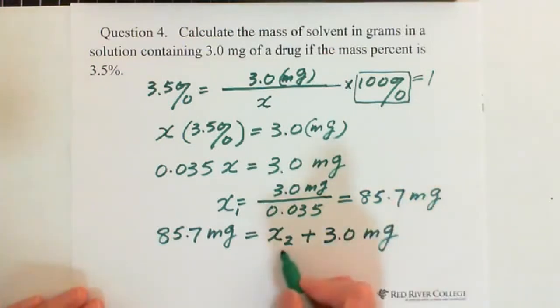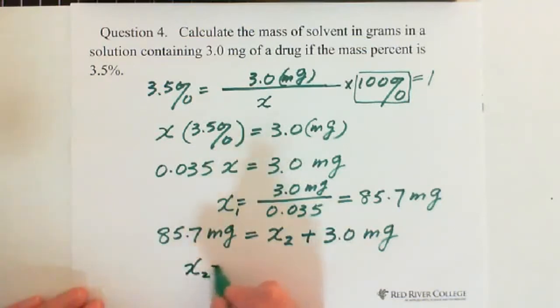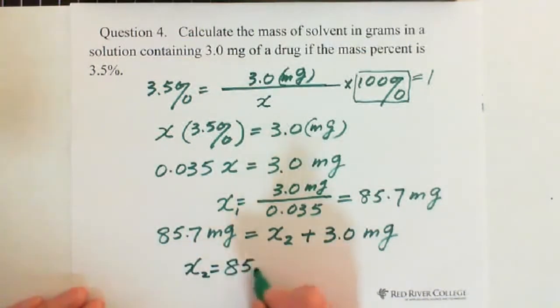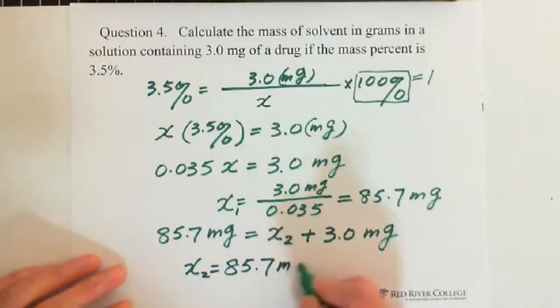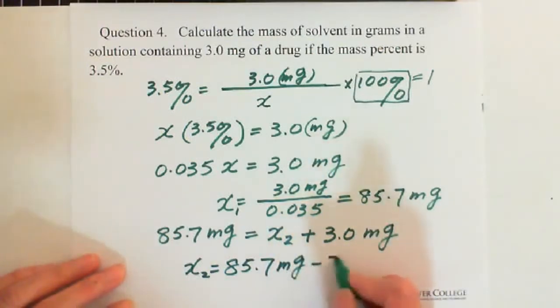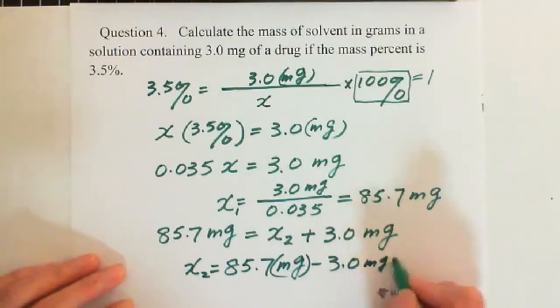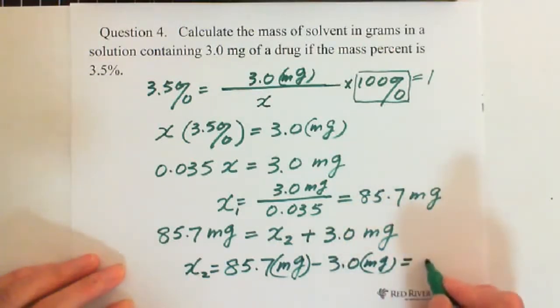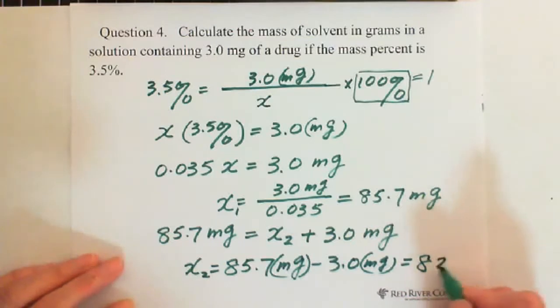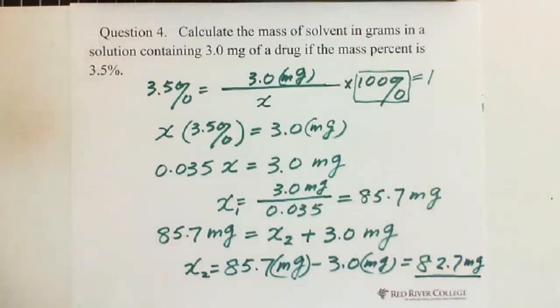Then we can solve for X2, which is the mass of solvent. So X2 equals 85.7 milligrams subtract 3.0 milligrams. So we got 82.7 milligrams. So 82.7 milligrams is the mass of solvent.